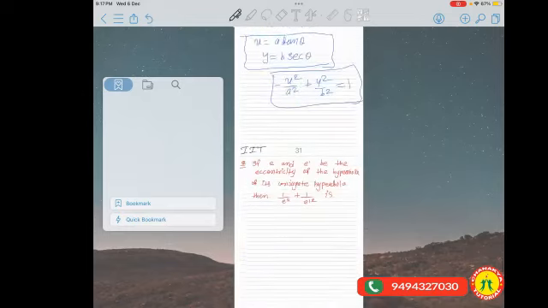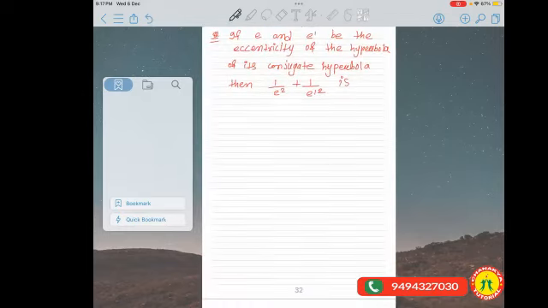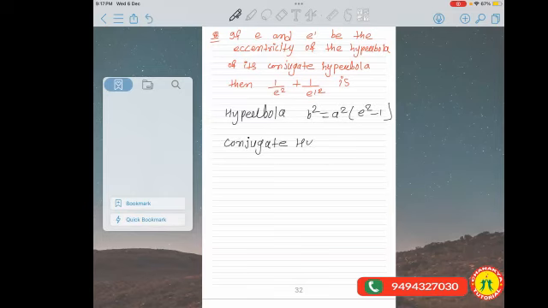If you apply for hyperbola, आप क्या लिखते हैं? For hyperbola, b square equal to a square into e square minus 1, and for conjugate hyperbola, आप लिखते हैं a square equal to b square into e dash square minus 1, यहाँ पे e dash है हाइपरबोला का कॉन्जुगेट.